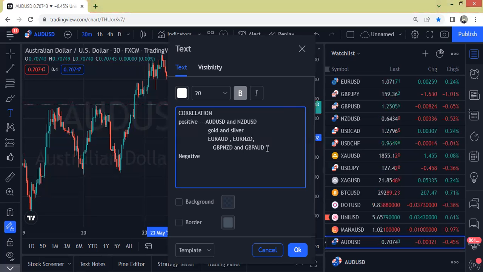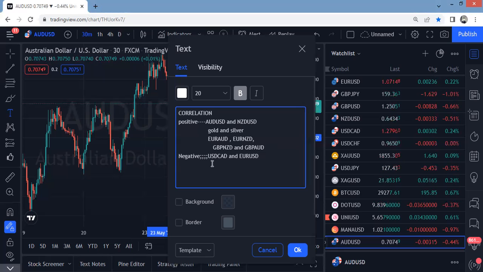Now, what this simply means is this. If one is moving in one direction, the other one is moving in another direction. Am I making sense? We have USD CAD and Euro USD.